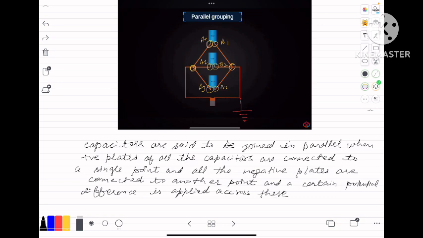So if potential V is applied, the potential across the plates will be same. Why?